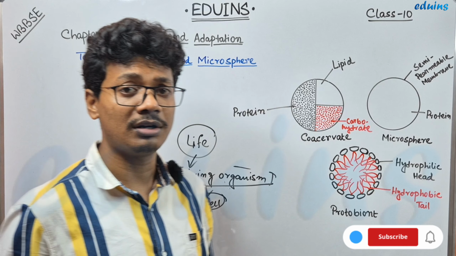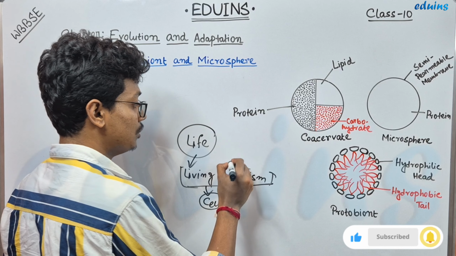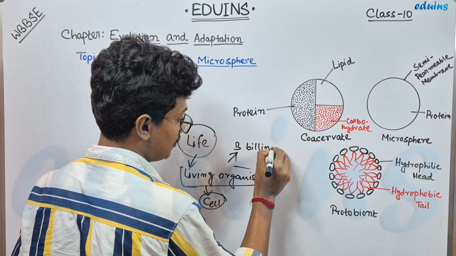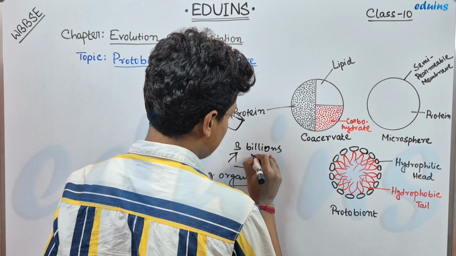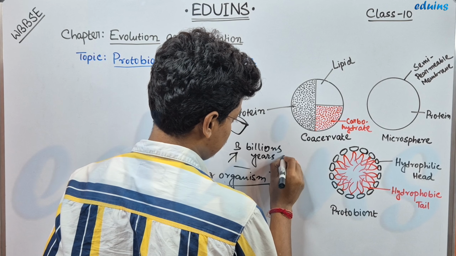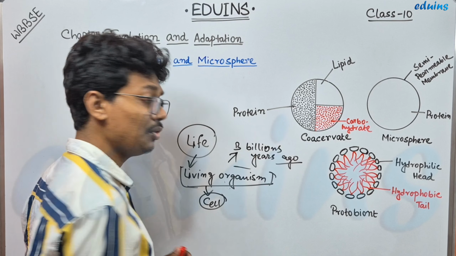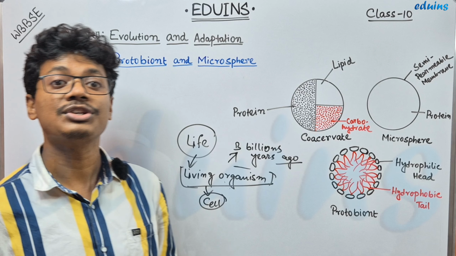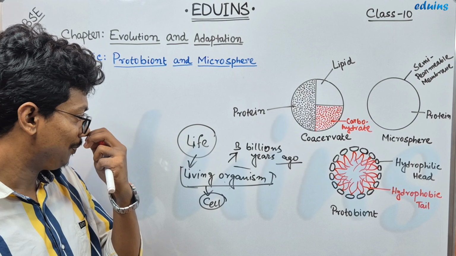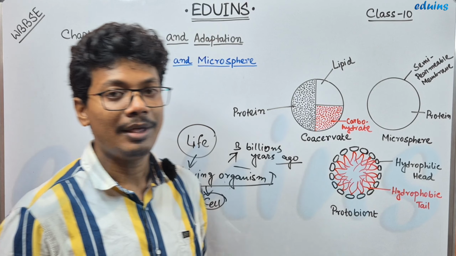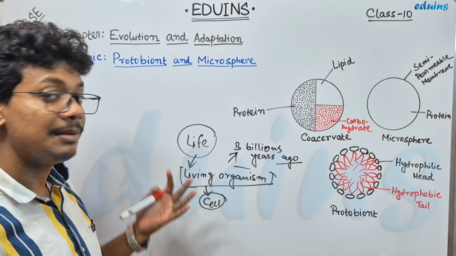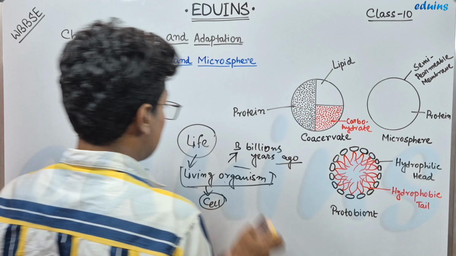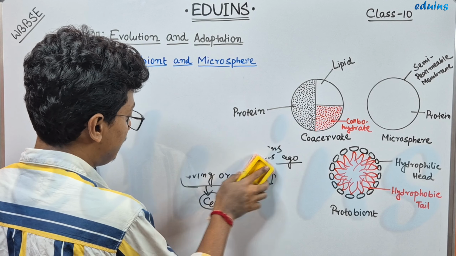And living organisms were derived about 3 billion years ago. There are several theories about the formation of life, like the mythological theory, the abiogenesis theory, the biogenesis theory, and the chemogenesis or chemogenetic theory.